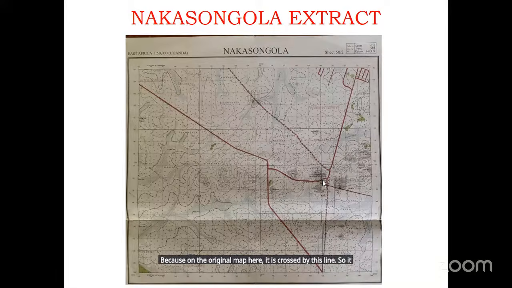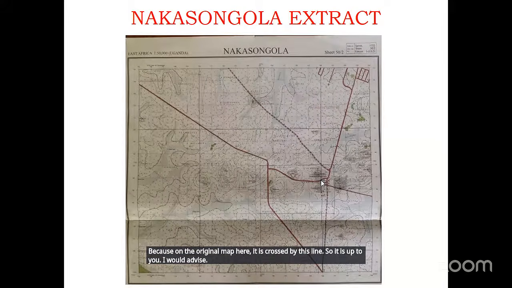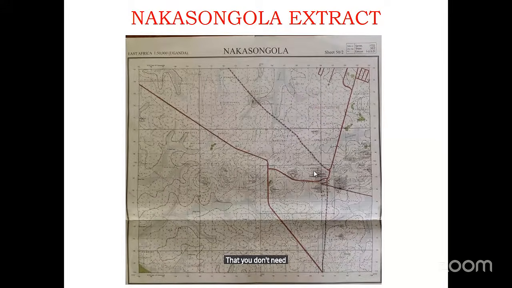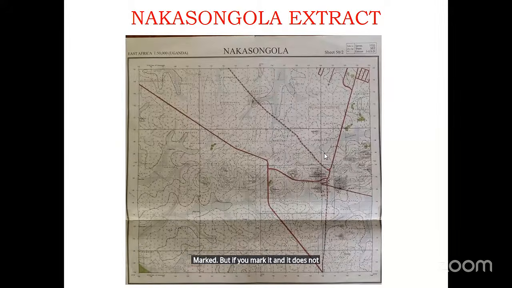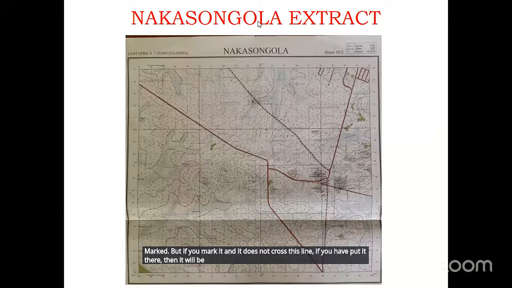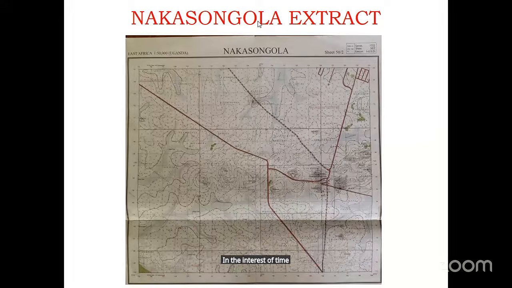So it is up to you. I would advise that you don't need to put these bold lines, because once you remove the bold line and you mark Nakasongola Hill, it will be correctly marked. But if you have put the line there and you mark the hill and it does not cross it, then it will be wrong.